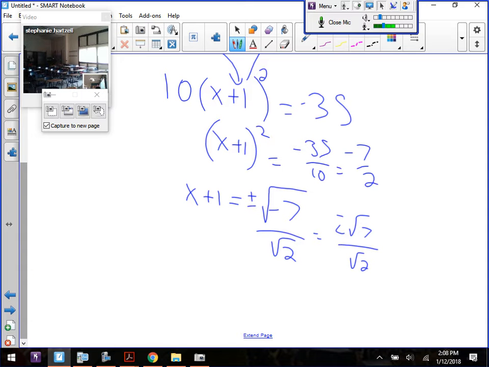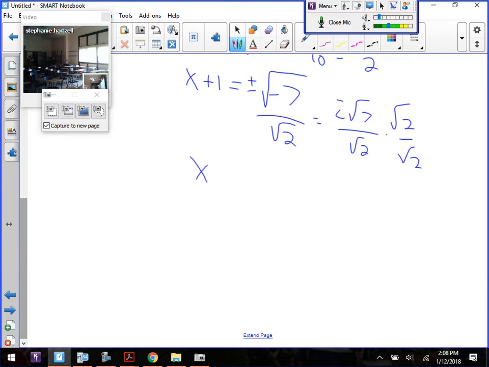But then I have to rationalize my denominator. In order to do that, I multiply both the top and the bottom by the same thing, some factor of 1 that eliminates the radical in the denominator. So I multiply by root 2 over root 2. My final solution here is x equals negative 1, all I do is move the 1 over, plus or minus i root 14 over 2.